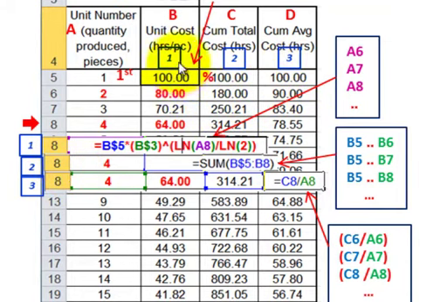Okay, so first for column B, this is the entry you're going to have to make, and this is that function. You use equal sign B $5.